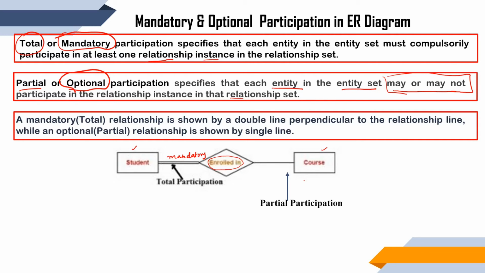So you can see from here, I have given a double line, which is showing the mandatory or total relationship. And the optional or partial participation is shown by this single line. So a mandatory or total relationship is shown by double line. This is one notation.